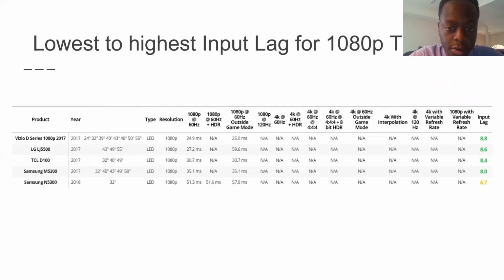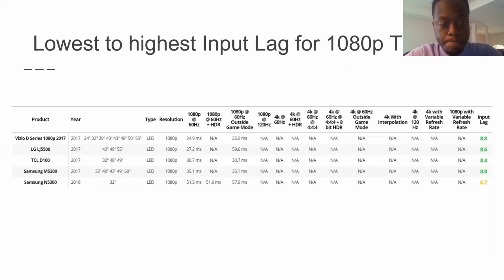There's less processing power required, theoretically. However, as time goes on, as the consumer goes towards 4K, the components within the 4K TVs are better. They're more optimized. They are made for pretty much everything when it comes to picture quality and for that subset of customers that are looking just to play games on a TV.